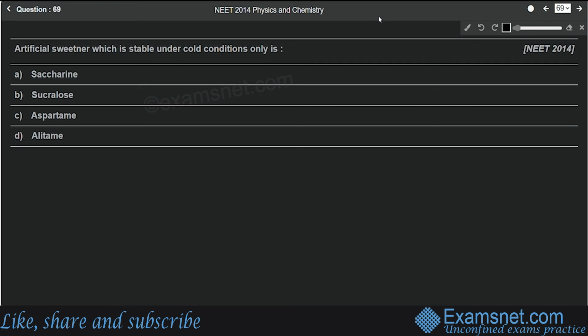Question number 69 is from the chapter Chemistry in Everyday Life, and the question is: artificial sweetener which is stable under cold conditions only is. Options are saccharine, sucralose, aspartame and allicin. So the correct answer is option C, that is aspartame. This is a fact that aspartame is stable only at cold conditions and it is unstable at high temperatures, or more specifically cooking temperature.